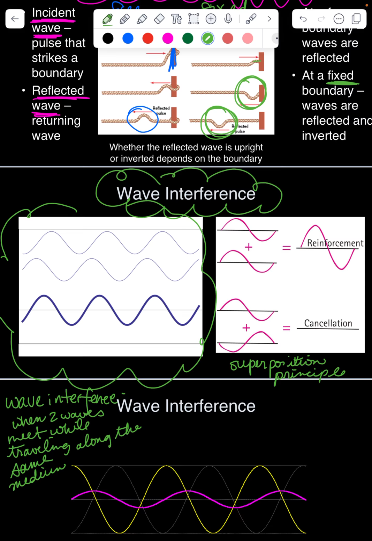Now think about what waves carry. Waves carry energy. Now think about what they do not carry: they do not carry matter. That's the reason why they can exist in the same place at the exact same time.